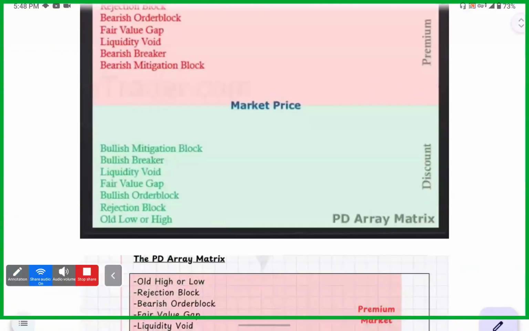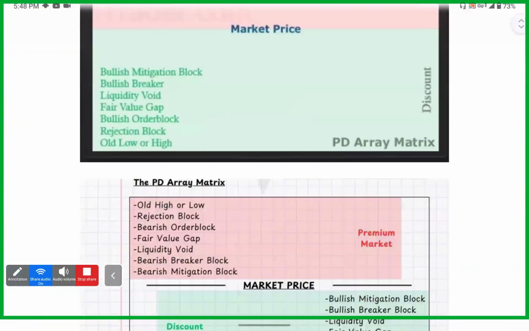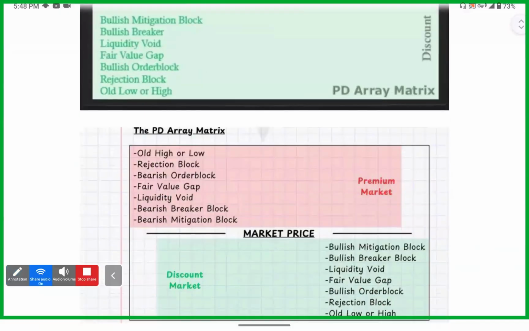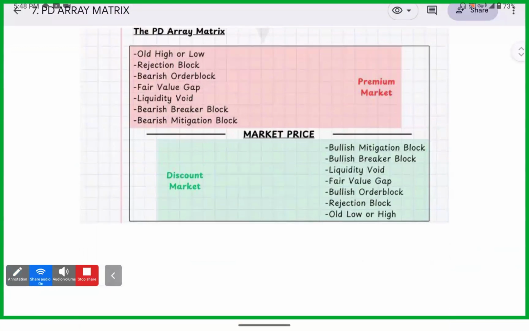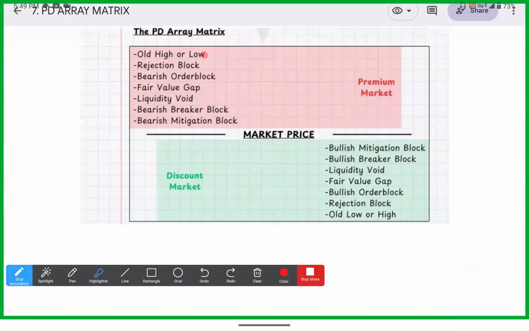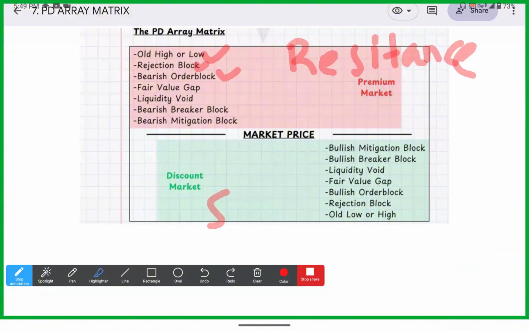And when it reverses back, it reverses back into premium. Hope we are together. So in that session, we introduce the first key level. The first key levels are the old highs or lows.